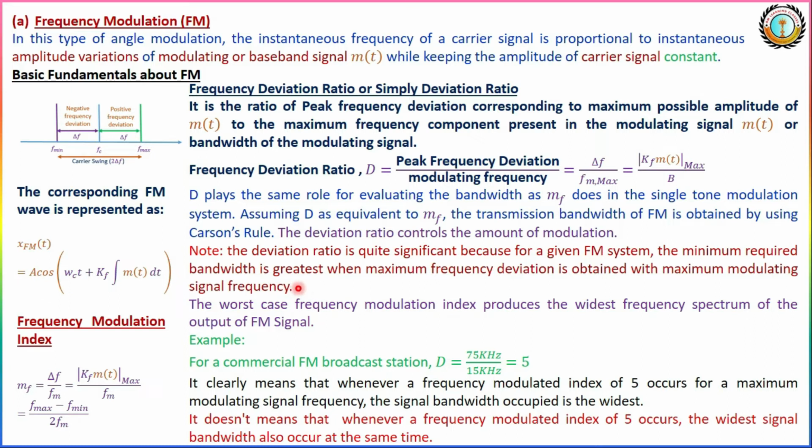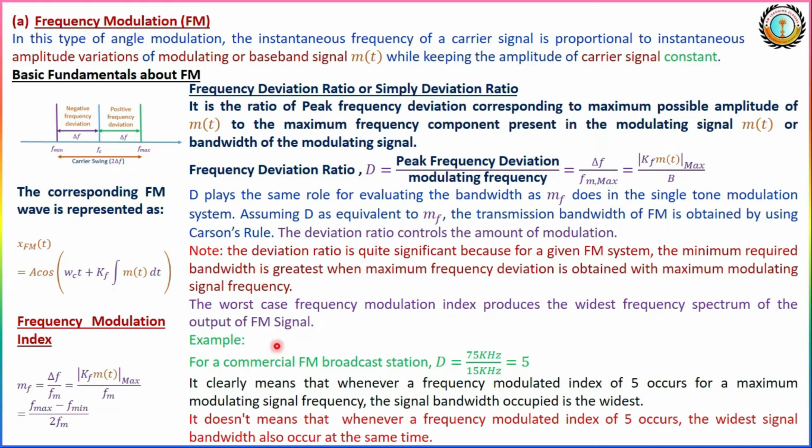So we have three things. First, the minimum required bandwidth is greatest, that is widest. Second, it happens when the maximum frequency deviation is obtained with the maximum modulating signal frequency. And as per the worst case of FM, the modulation index produces the widest frequency spectrum of the output FM signal.